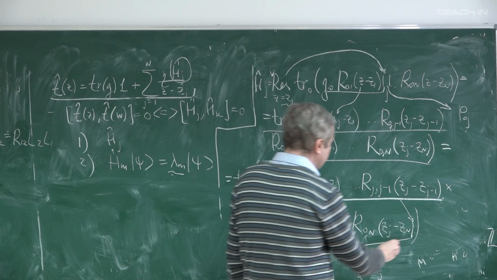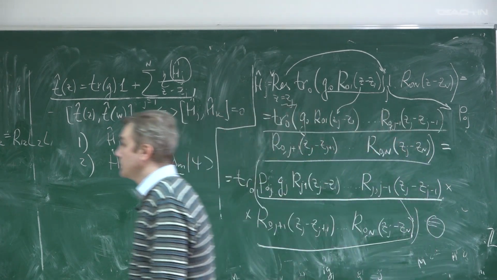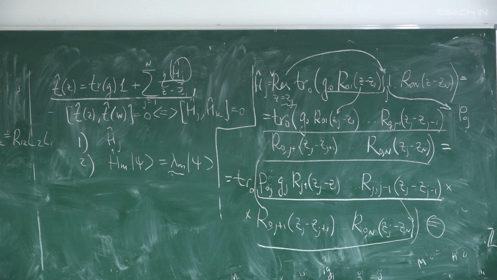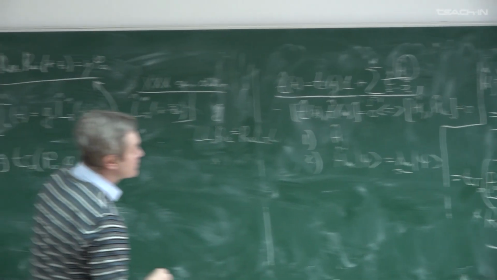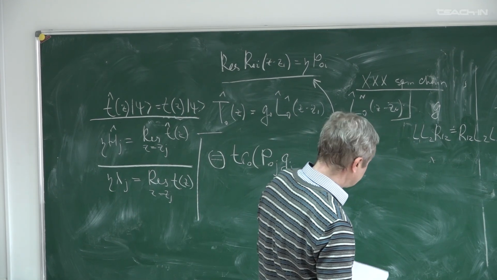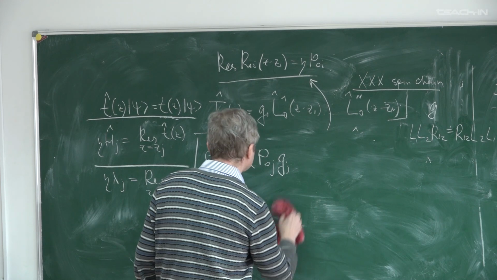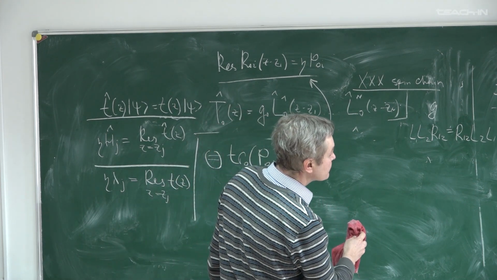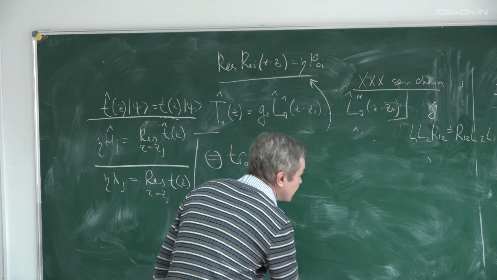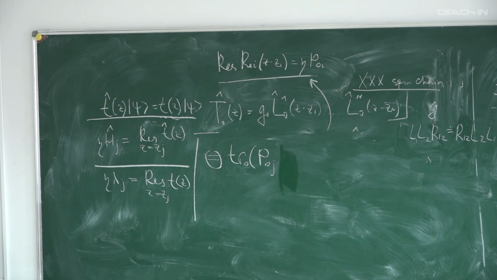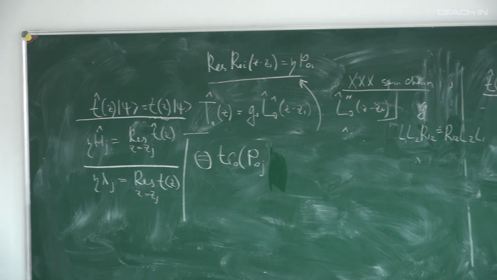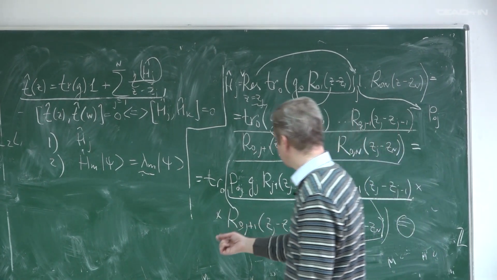So this is equal to what? Once again, we moved all this expression in this line here and then moved this permutation operator again to the left.